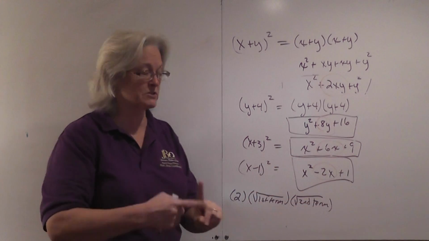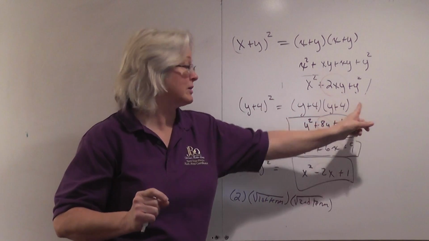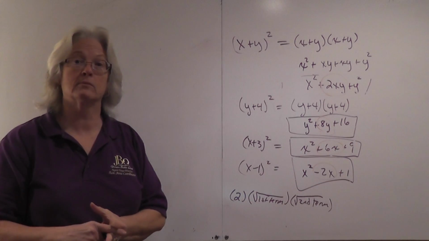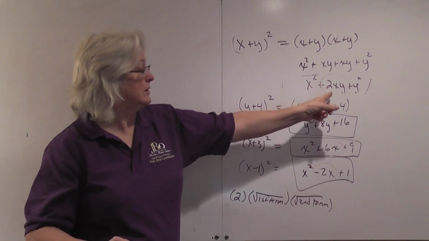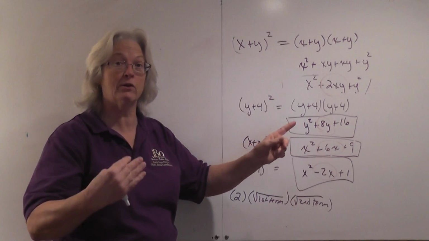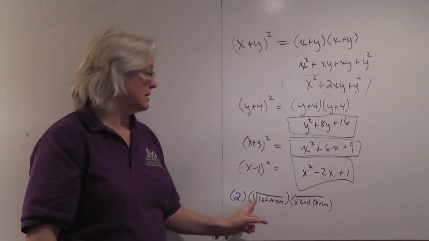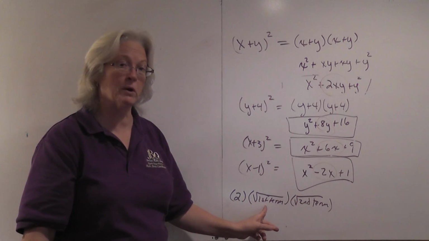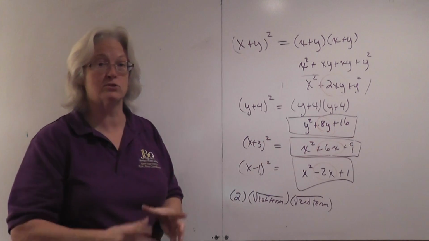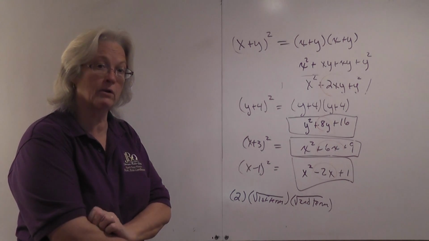The first and the last terms of that trinomial product will always be a perfect square. The second term of that trinomial product is always twice the product of the square root of the first term and the square root of the third term of that trinomial answer. And that's how you recognize a perfect square trinomial.